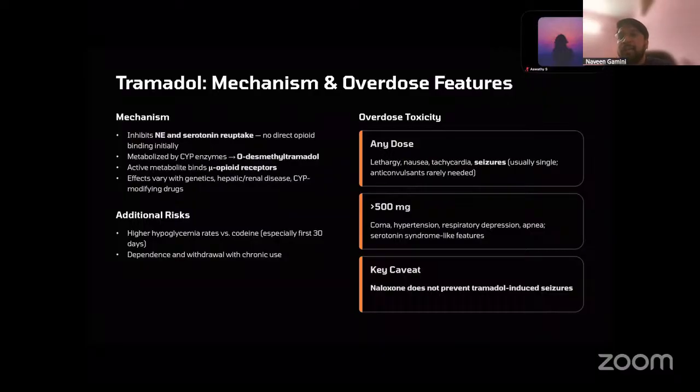So the important clinical feature of tramadol toxicity is seizures. But if the dose is more than 500 mg, it can even cause coma, hypertension, respiratory depression, apnea, and even serotonin syndrome-like features. You should understand that naloxone has no role in preventing tramadol-induced seizures.